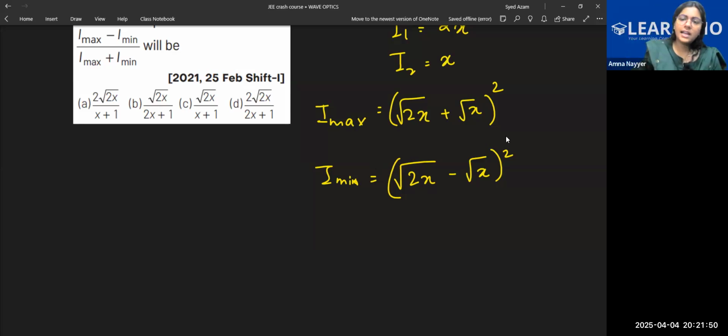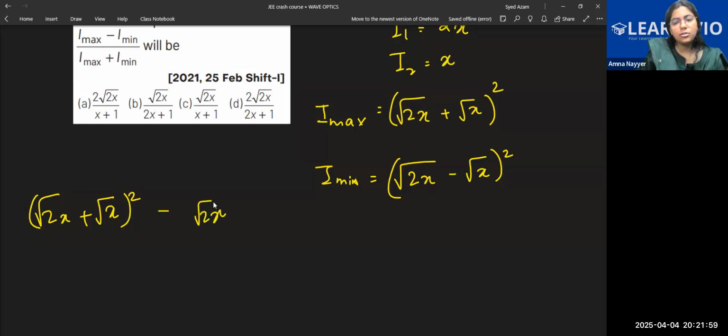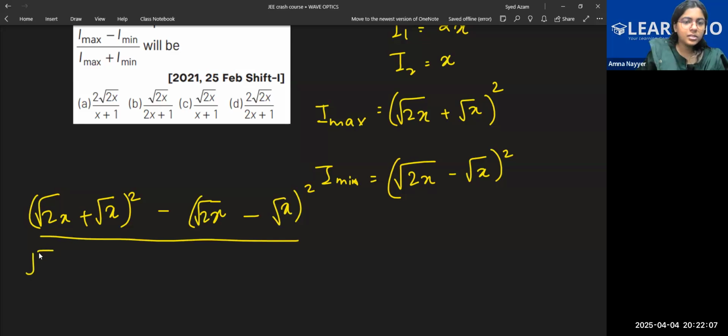So the final answer will be root 2x plus root x whole square minus root 2x minus root x whole square, divided by the same thing with a positive sign: root 2x plus root x whole square plus root 2x minus root x whole square.